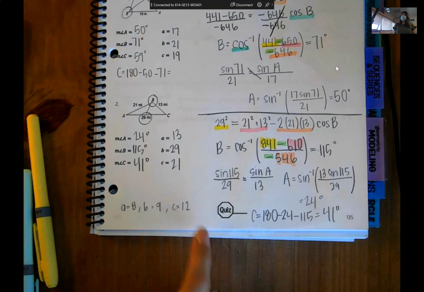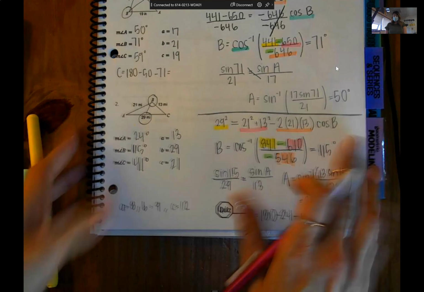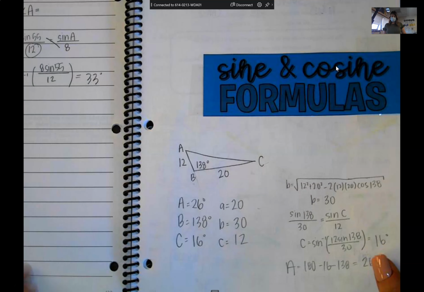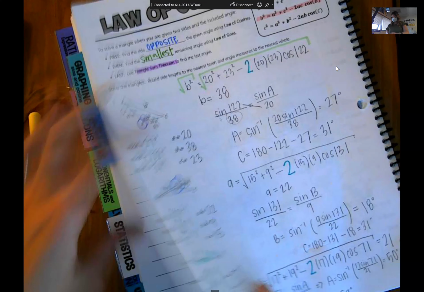Let's do one more, and let's do one that's just the letters. So they're just giving us the letters. I'm going to flip back to the blank page that has my tab. You can use a piece of scratch paper if you prefer, whatever works best for you.